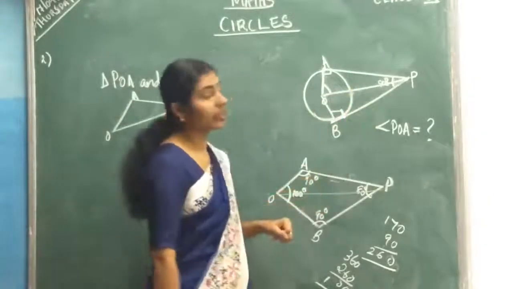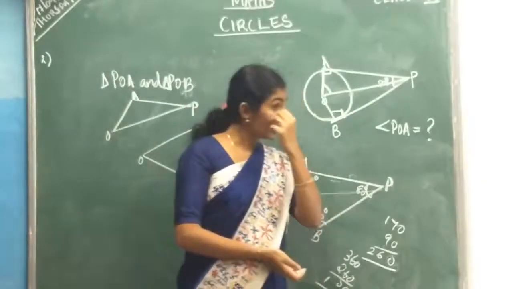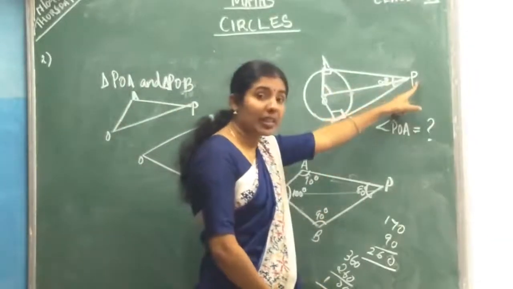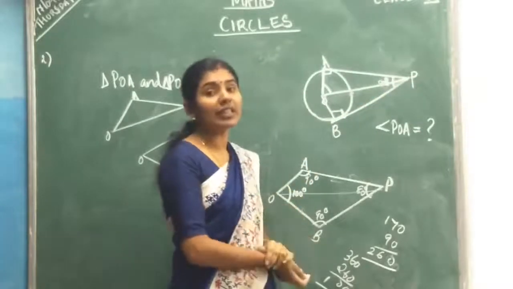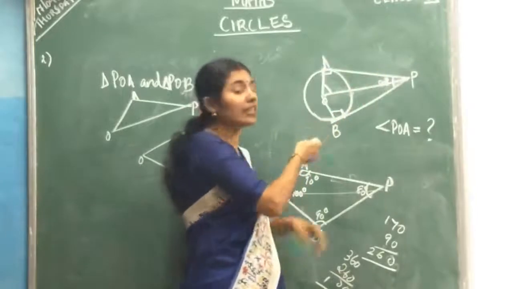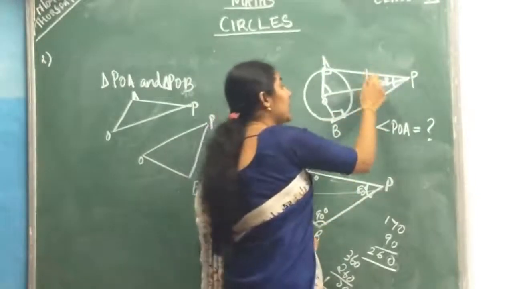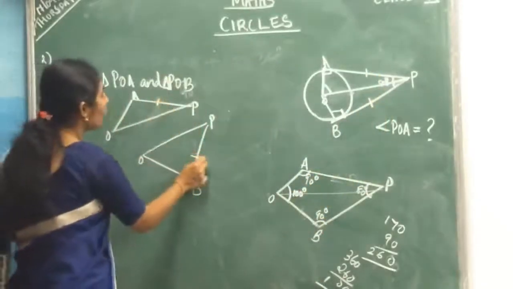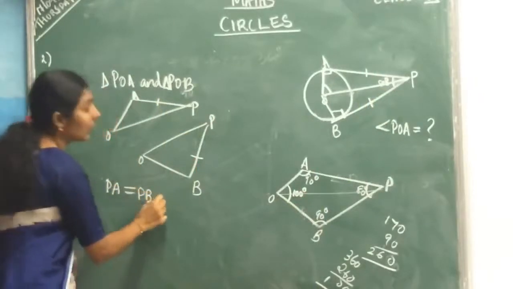When you consider these two triangles, you know the lengths of tangents are equal. That theorem we have studied. What is that? Lengths of tangents from an external point to a circle are equal. So which are the tangents here? PA and PB. Both are tangents from the external point P. So what can you say? PA equal to PB.